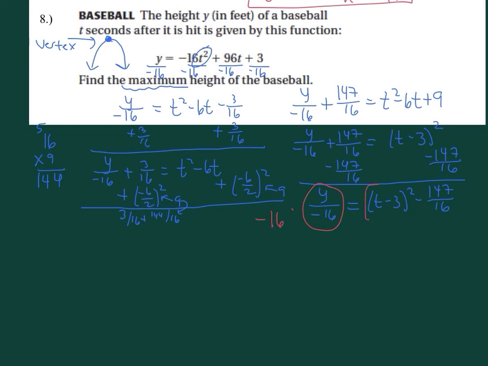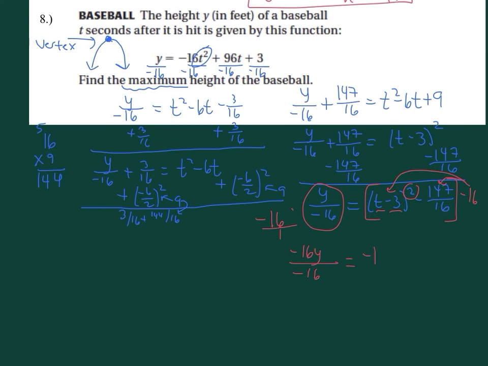So that means I'm going to distribute negative 16 times this term, which is the quadratic term, and times this term, the constant term. On the left-hand side, negative 16 is really negative 16 over 1. So I'd have negative 16y over negative 16. On the right side, I can't actually multiply the negative 16 times anything inside of here because the exponent has to come first.